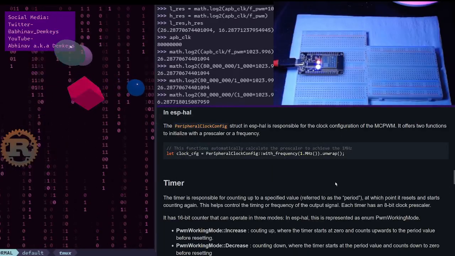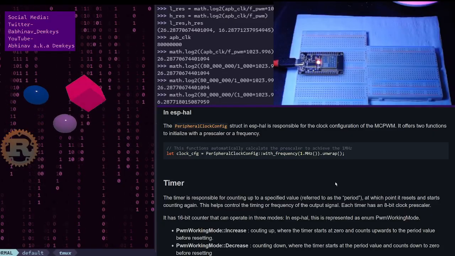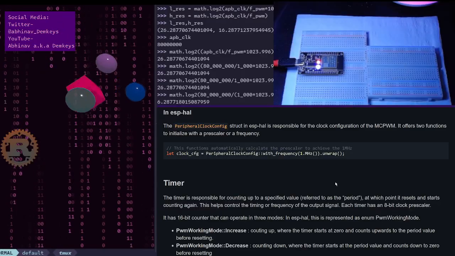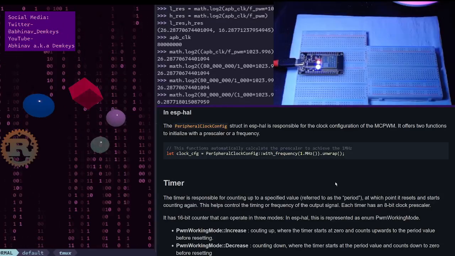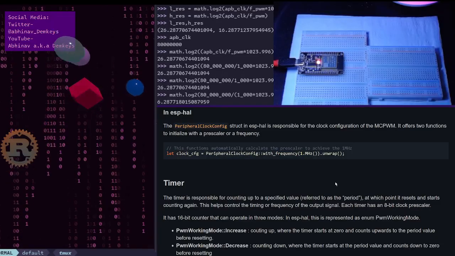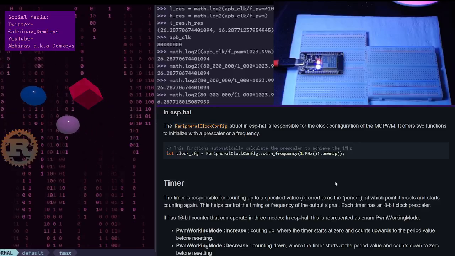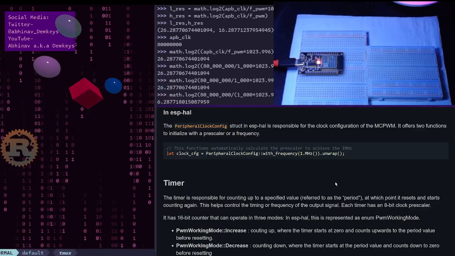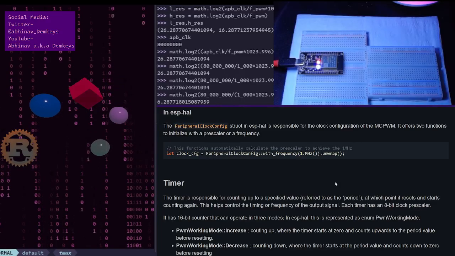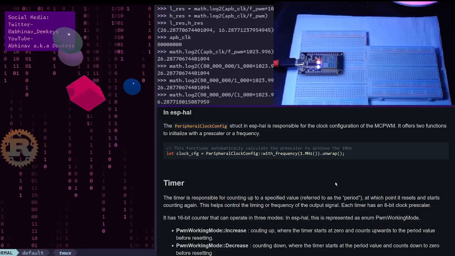Okay, in the ESP-HAL, the peripheral clock config struct is responsible for the clock configuration of the MCPWM. It offers two functions to initialize with a prescaler or a frequency. These functions automatically calculate the prescaler to achieve the 1 megahertz. Oh, okay. So then we don't have to do that.